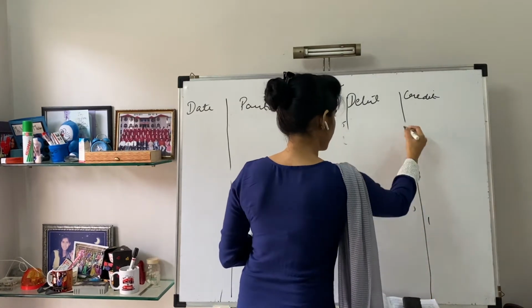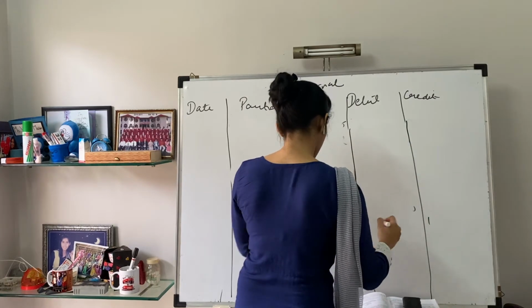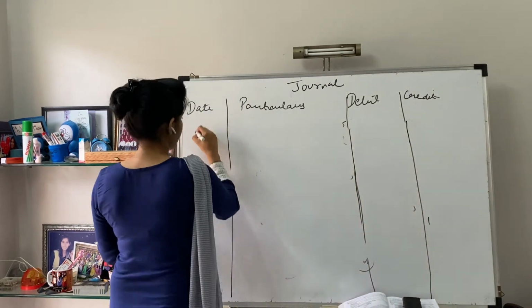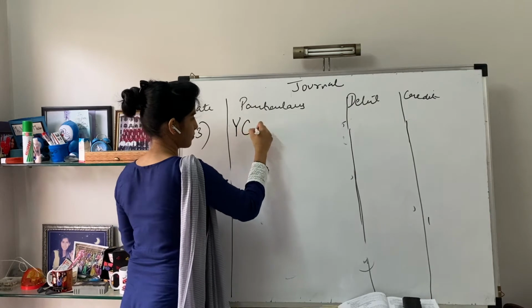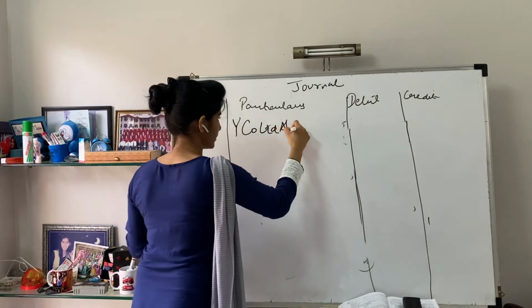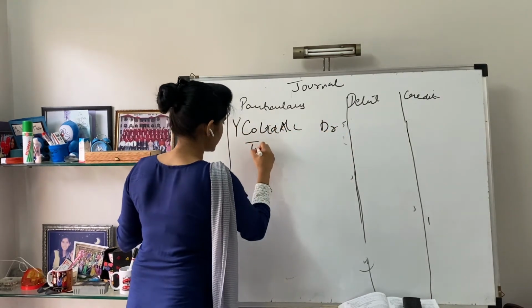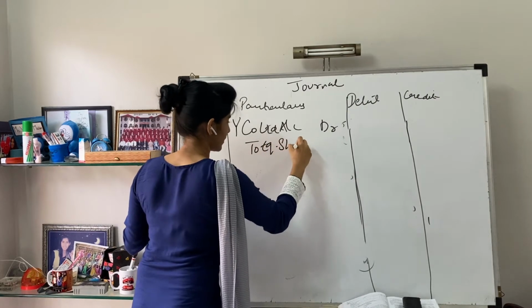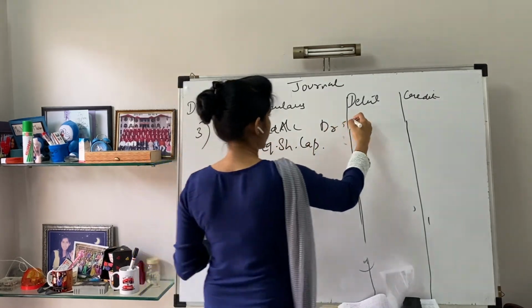Your third entry will be from your second entry only. You are transferring the shares: Y Company Limited account debit to your equity share capital of 4 lakh.